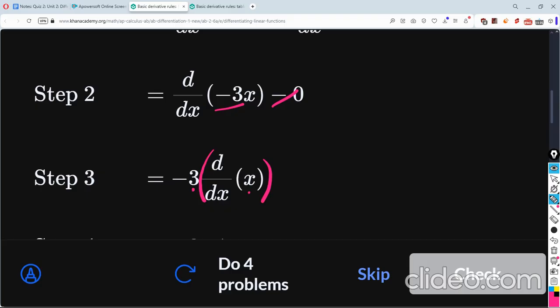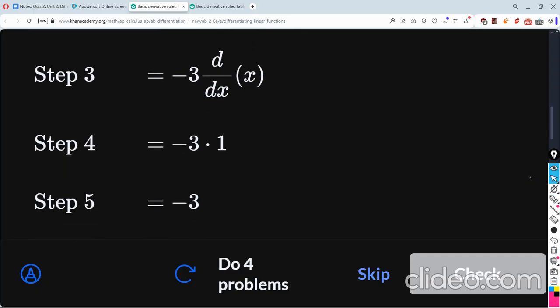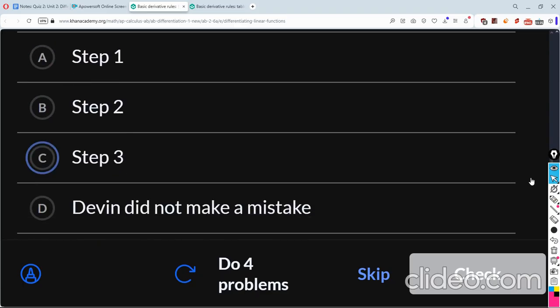So step 3 is actually okay. And finally, step 4, the constant term negative 3 was recopied, and the derivative of x is just 1. So that is also okay. And negative 3 times 1 is going to be negative 3 for step 5. There you go, no mistake.